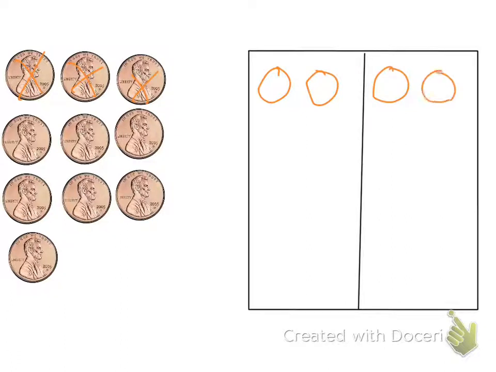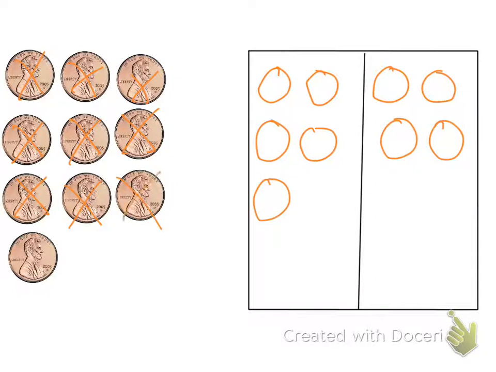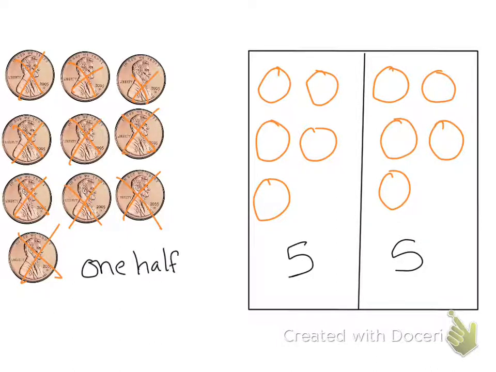One to me and one to my friend, one to me, one to my friend, and so on. As you can see, each of us gets 5 pennies. So 1/2 of 10 equals 5, because 5 plus 5 equals 10.